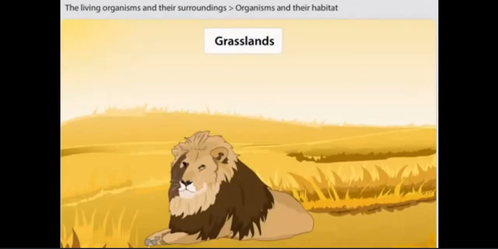Even in this grassland habitat, animals adapt to their surroundings. For example, lion. Did you ever think why a lion is brown in color? Because a lion is found in a hot and humid climate, where the grass surrounding it is also usually brown in color, so it can camouflage in its surroundings.